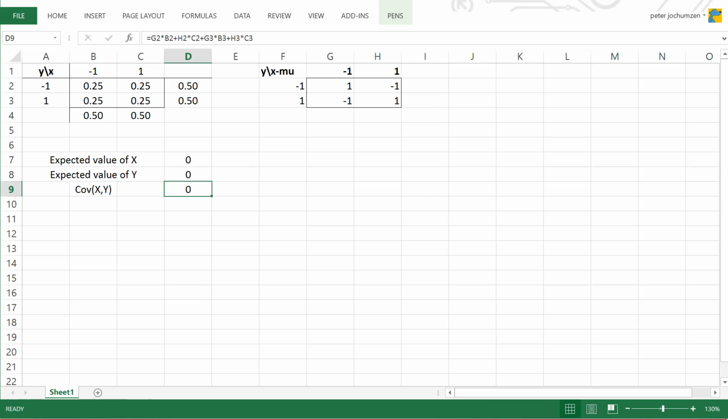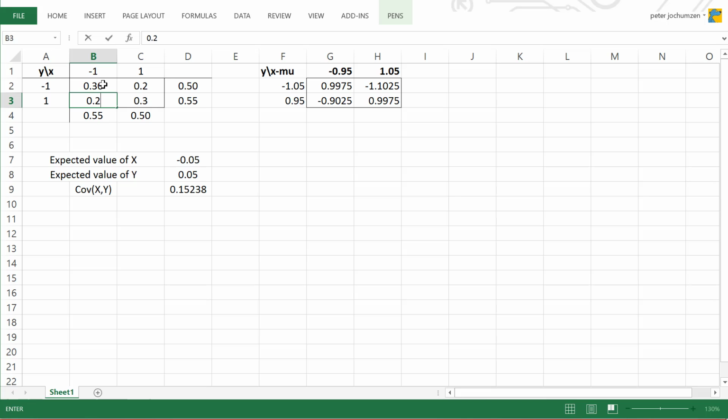So now we can play around with this and see what affects the covariance. Let's change the probabilities such that we have 0.3 on the diagonal and 0.2 on the off diagonal. First check that all these probabilities do indeed sum to 1.